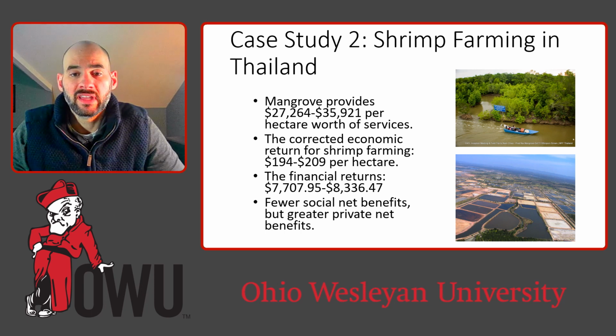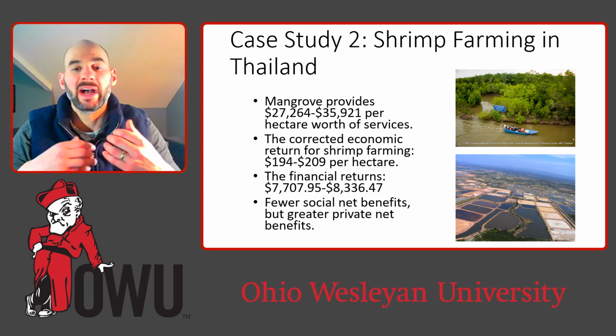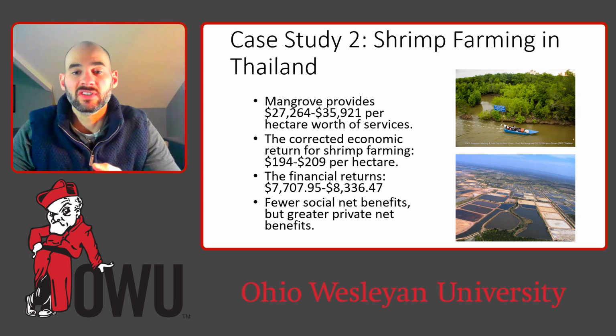And even though the shrimp farmers would turn a pretty good profit financially of close to 8,000 US dollars per hectare, when you take into account the negative externalities which they're imposing on other shrimp farmers and the people surrounding them from water pollution, the corrected economic return for shrimp farming drops to as low as $200 per hectare, which is still positive.